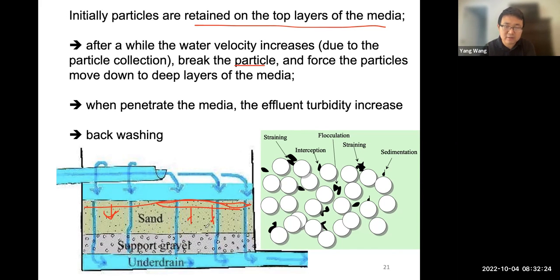Okay, so then some of these particles can get suspended into the stream of the treated water. So basically you're going to see an increase of the turbidity in the effluent. Under that situation, you need to take this filter offline and start to introduce the backwashing process, the backwashing water. You're going to use a cleaner stream of water.